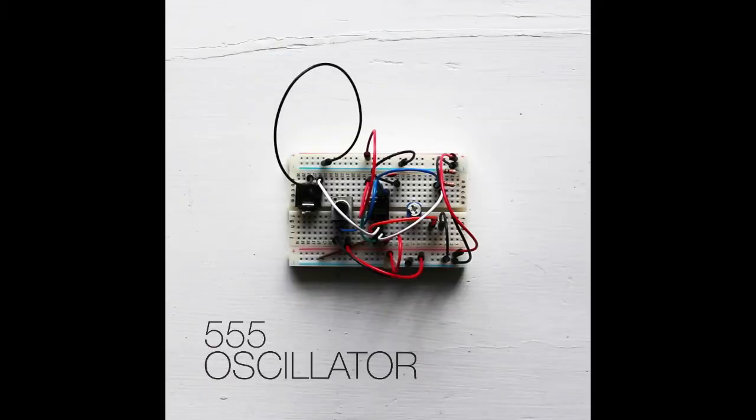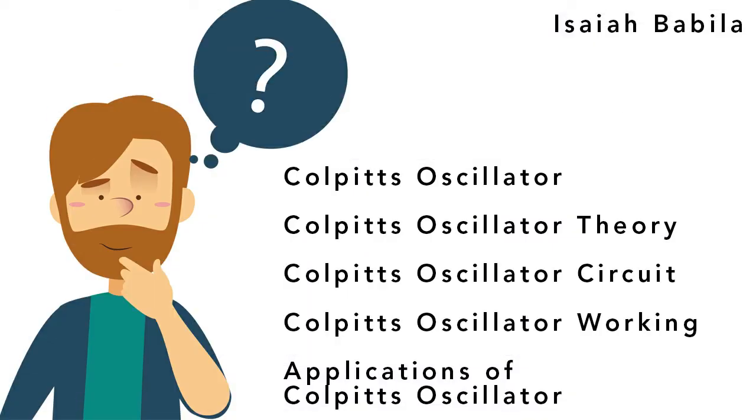So how does Colpitts oscillator work? Whenever the power supply is switched on, the capacitors C1 and C2 in the circuit start charging, and after the capacitors get fully charged, they start discharging through the inductor L1, causing damped harmonic oscillations in the tank circuit.